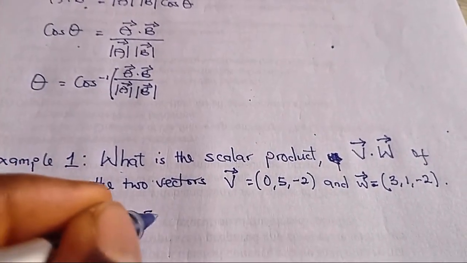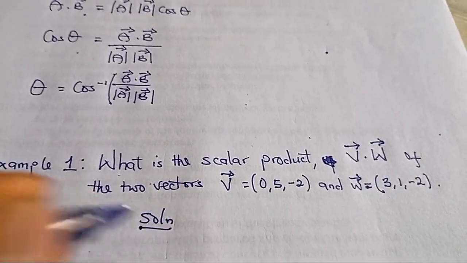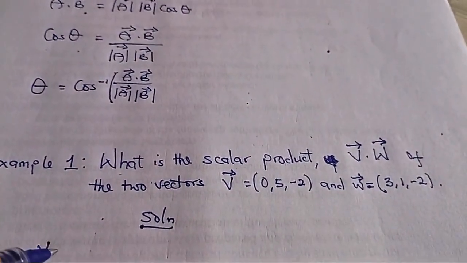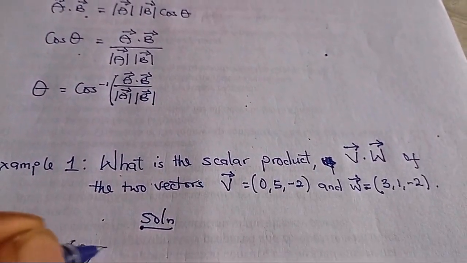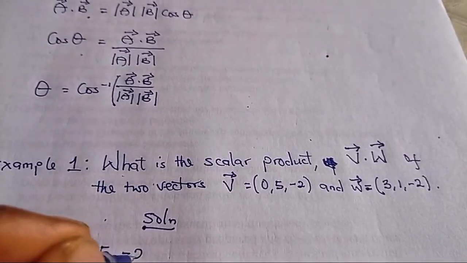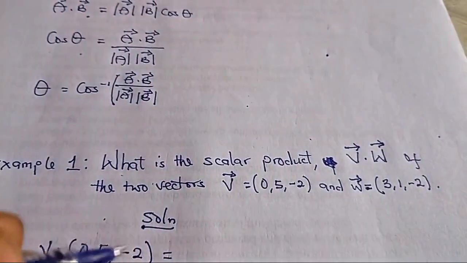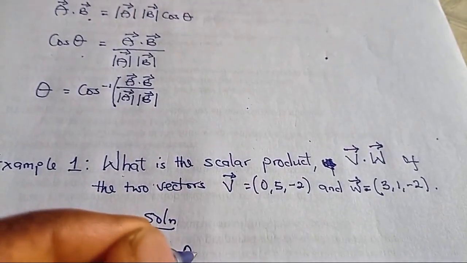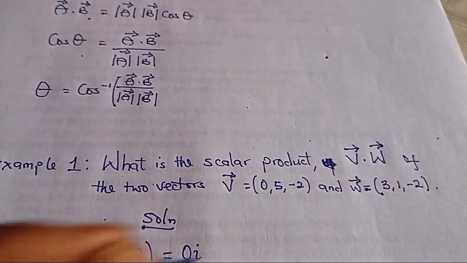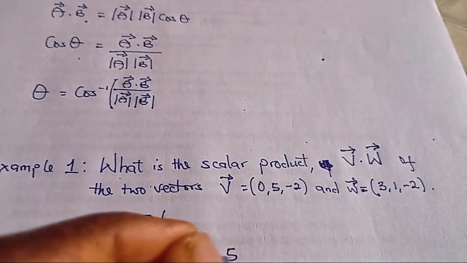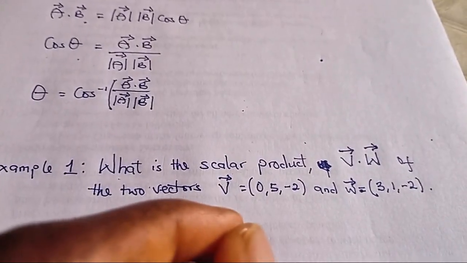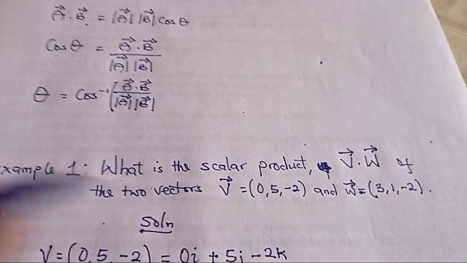So this vector v that's equal to 0, 5, minus 2 can also be written as 0i plus 5j minus 2k.